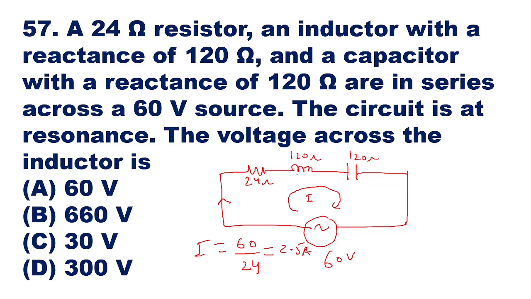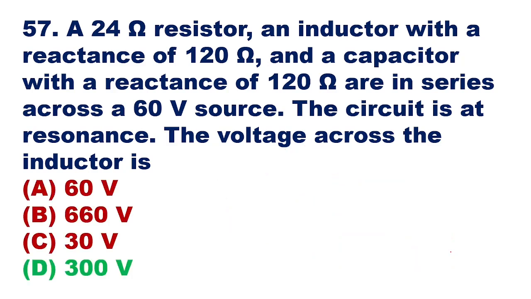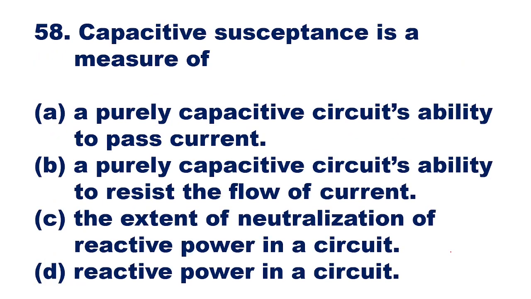Now that current multiplied by the reactance of the inductor will give you the voltage across the inductor, that is 2.5 times 120, which is 300 volt. So option D is the right answer here. That is, 300 volt will be the voltage across the inductor at resonance. Then we'll go to the next question.